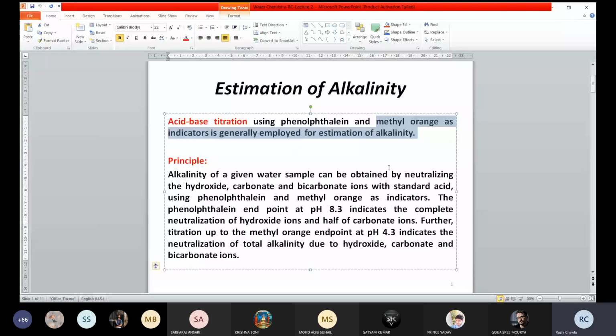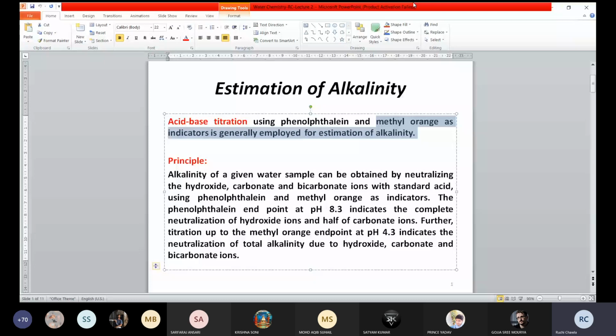Pink. Yes, pink is the color. Give the answer confidently. And what about its color in acidic medium? Colorless. Yes, that is absolutely right.